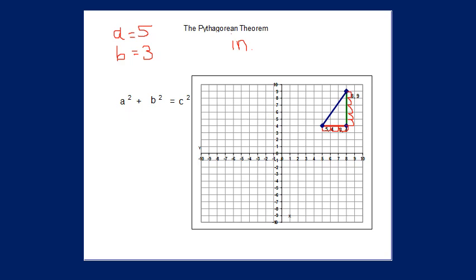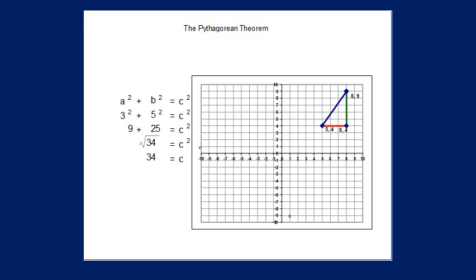Now, we are trying to find side C, and our formula is A squared plus B squared equals C squared. 3 squared is 9. 5 squared is 25, equals C squared. 9 plus 25 is 34, which equals C squared.